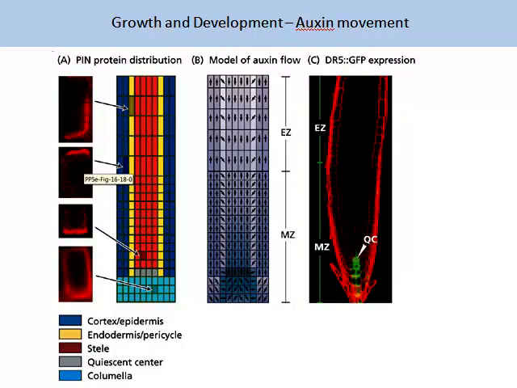The figure on the slide summarizes some of the experimental evidence demonstrating auxin movement. This has been done by combinations of methods, looking at PIN protein distribution, modeling of auxin flow, and DR5 to GFP expression.